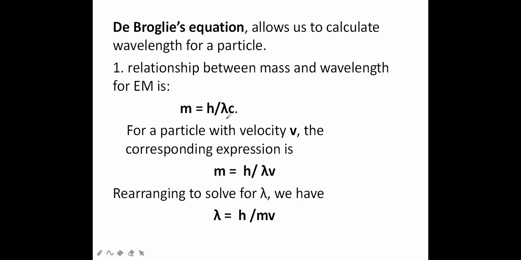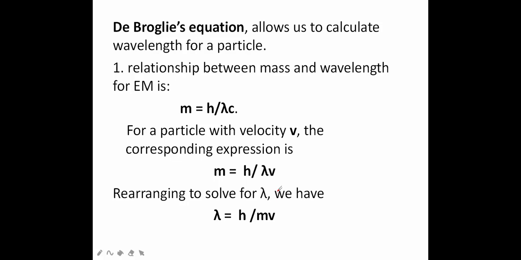For any particle with a velocity of v, the corresponding expression would be mass is equal to Planck's constant divided by the wavelength times that velocity. So at first we were looking at it as a photon, where we use the speed of light. Now this particle has been given its own velocity. We are no longer using the speed of light.